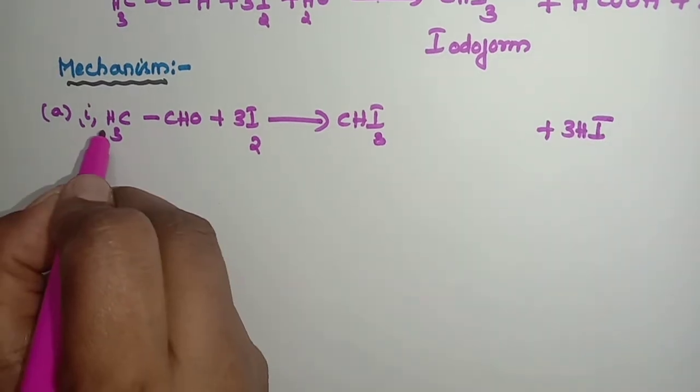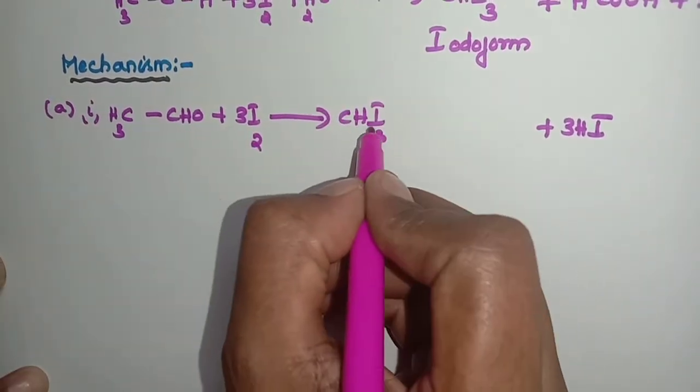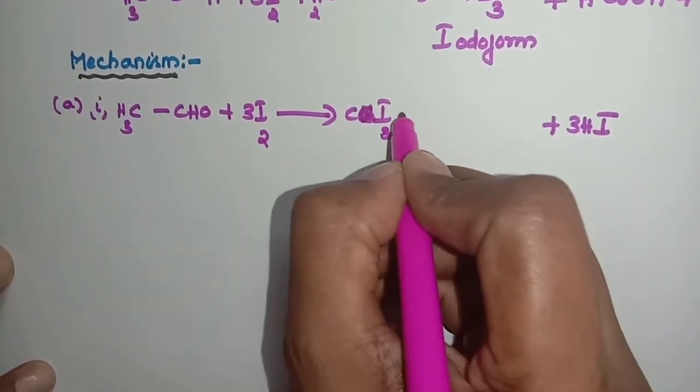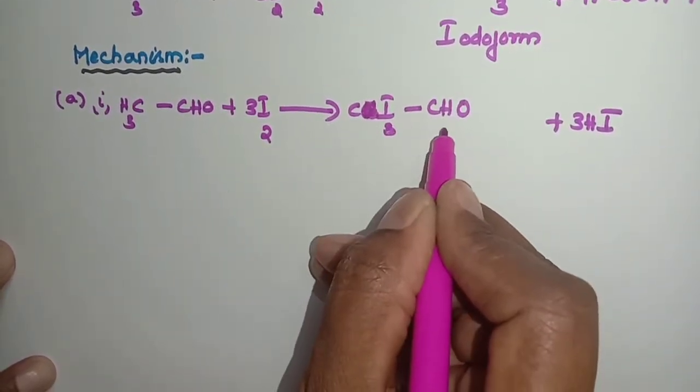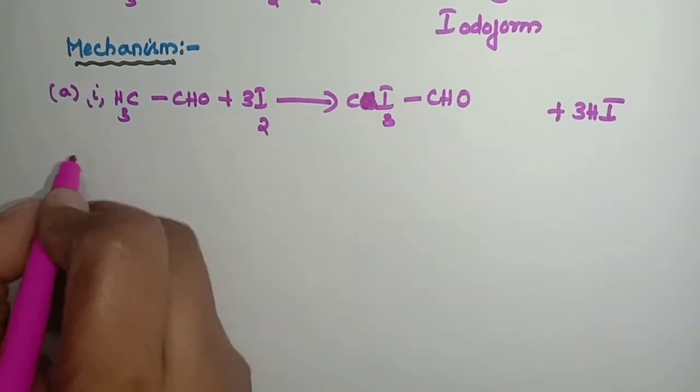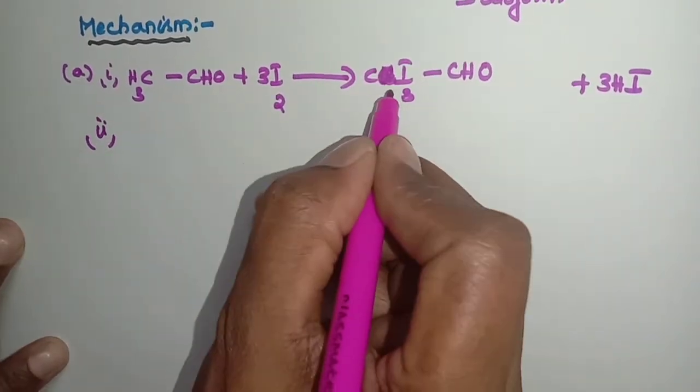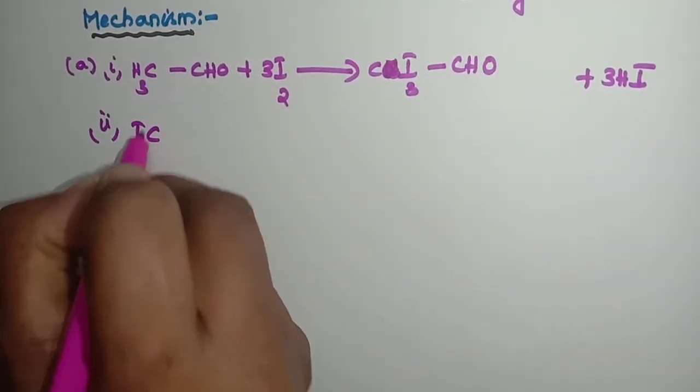So in the place of these 3 hydrogens, we get CI3CHO, that is triiodoacetaldehyde, plus 3HI.